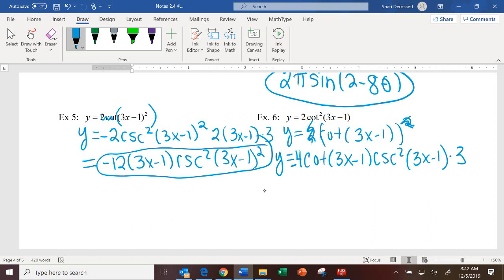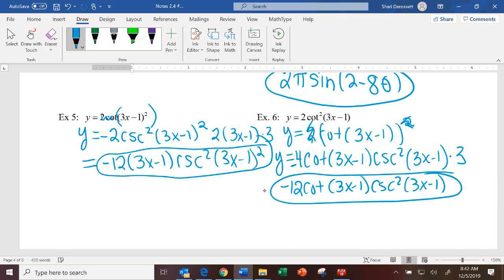So I've got that negative there, so it's negative 4 times 3. That's going to be negative 12. And then I've got my cotangent of 3x minus 1 times the cosecant squared of 3x minus 1. All right, makes sense? Not too bad, right?